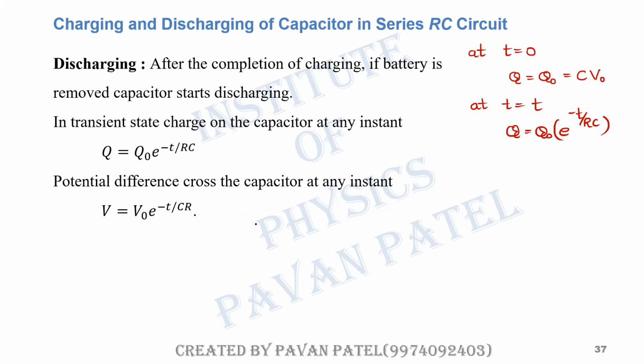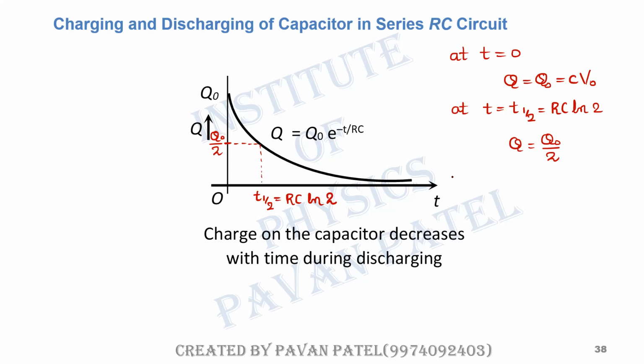So if you see at this point, at time t = RC, Q = Q0 divided by e, and Q0 divided by e is 37 percent of Q0.